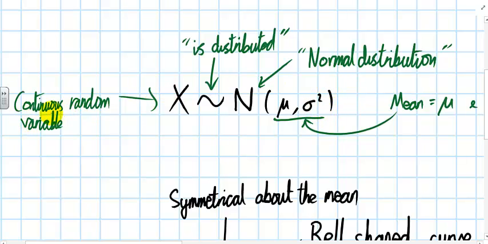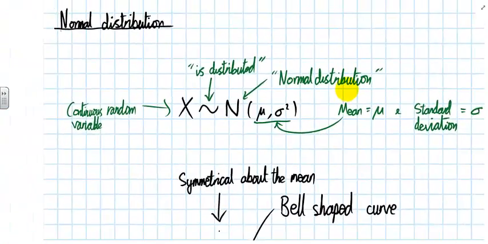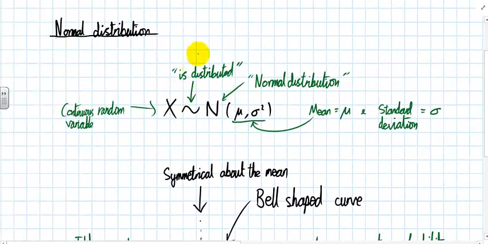This just means that the continuous random variable X is distributed with a normal distribution with a mean mu and the standard deviation sigma. This is a shorthand for writing that the continuous random variable X is distributed with a normal distribution with mean mu and standard deviation sigma.